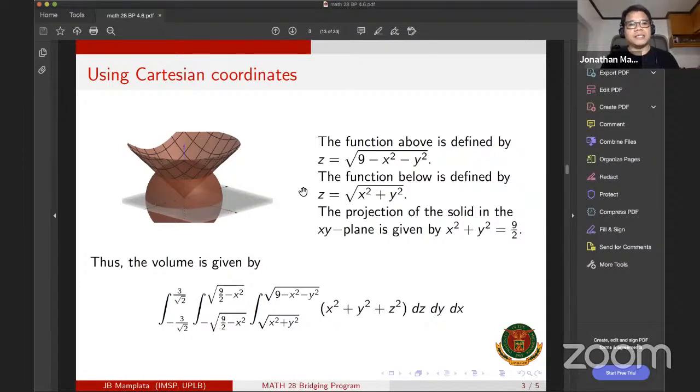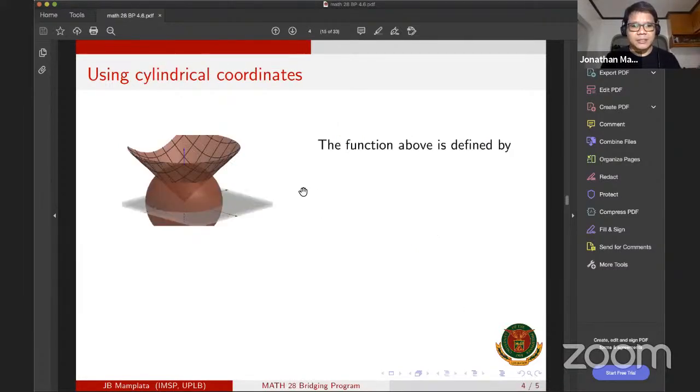If it is expressed in terms of cylindrical coordinates, that will be z equals square root of 9 minus r squared. Because we know that x squared plus y squared equals r squared. So yung x squared plus y squared na component ng equation will be expressed as r squared.